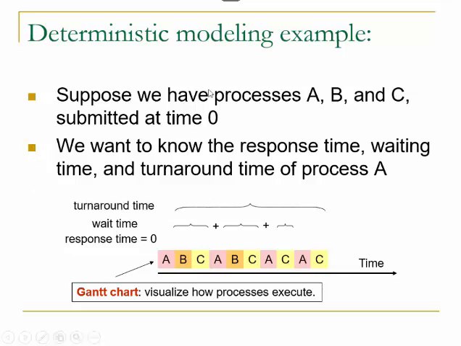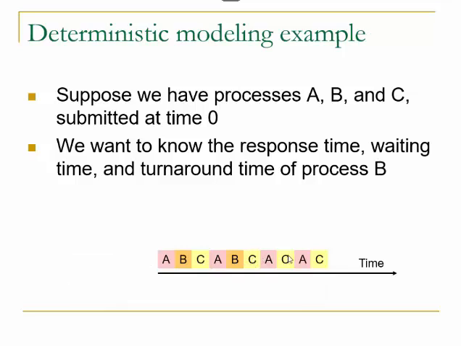So A arrives here and completes here, so the total time taken to execute process A, called turnaround time, is 9. For waiting time, A started executing, then waits for this much time, then A executes again, then waits, then A executes, then the remaining C and A. So A waits for 2, 2 and 1, total 5 units of time.